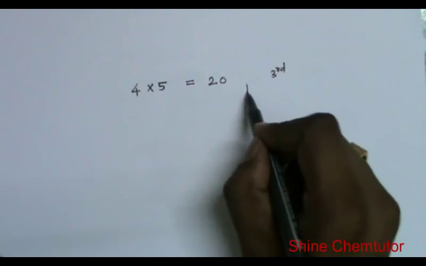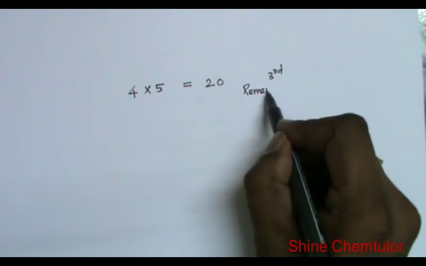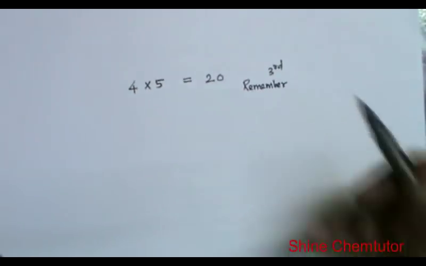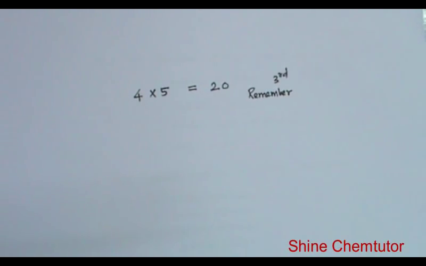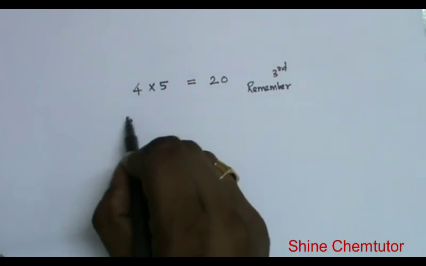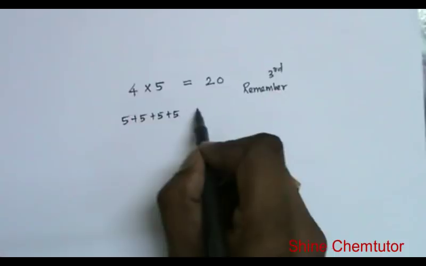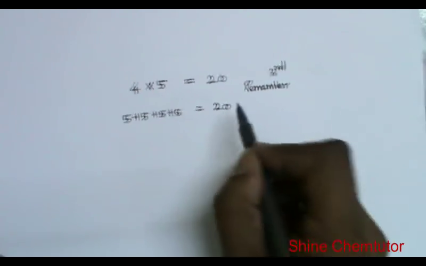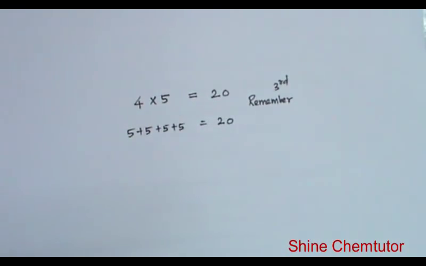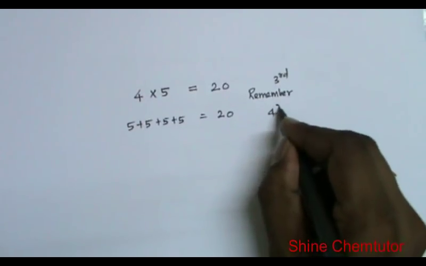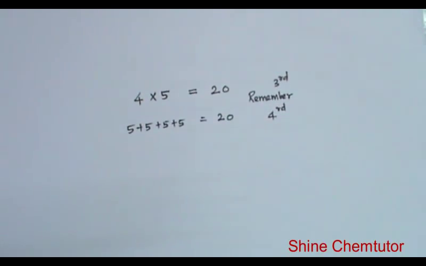So that is the first one. When I came to 4th standard, I understood that if you add 4 5s, you will get 20. So I understood this when I was 9 years old, in 4th standard.